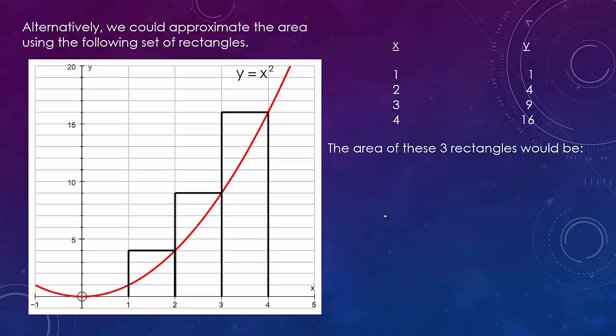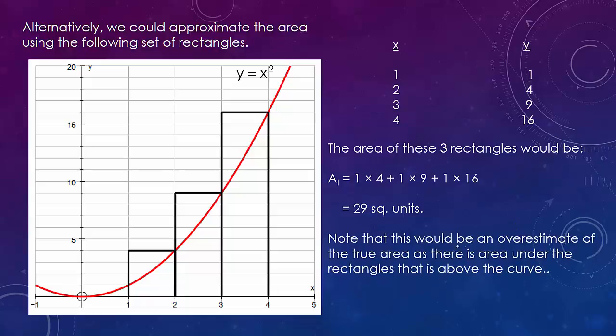So the area of the three rectangles is 1 times 4, and 1 times 9, 1 times 16. Add those together and we get 29 square units. Note that this would be an overestimate of the true area, as there's area under the rectangles that's above the curve, so just here and here and here.